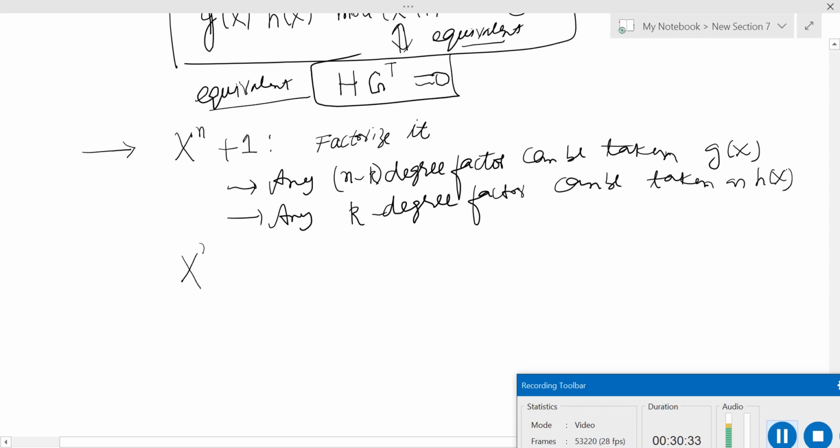I will tell you it's not so easy. Suppose I give x to the power 23 plus 1, can you factorize it? Given that you are allowed to choose only binary coefficients 1 or 0, you will see that even right now papers are coming out that take up any weird polynomial of any weird degree, even prime degrees. Prime degrees are very famous: x to the power 7 plus 1, x to the power 13 plus 1, x to the power 17 plus 1.